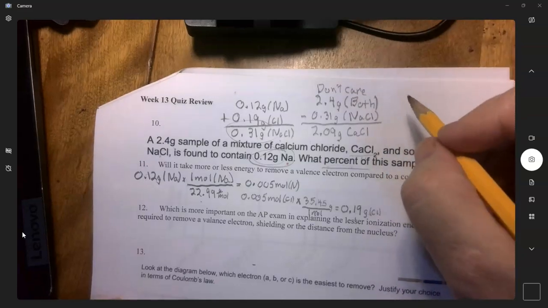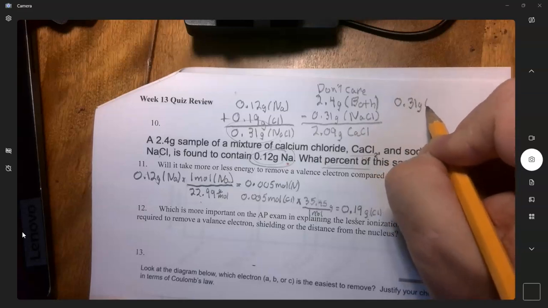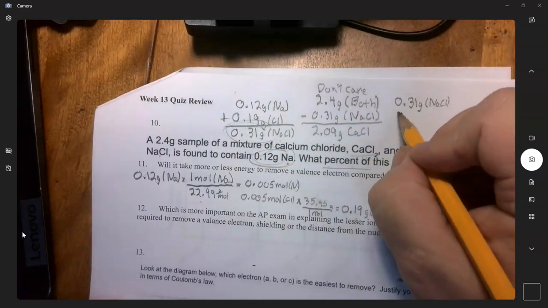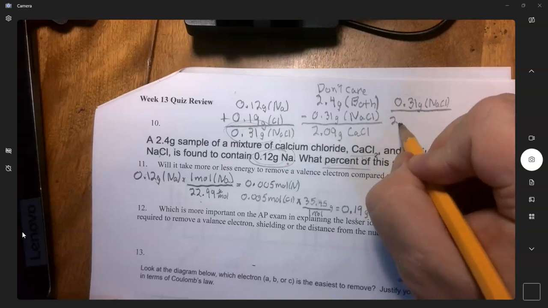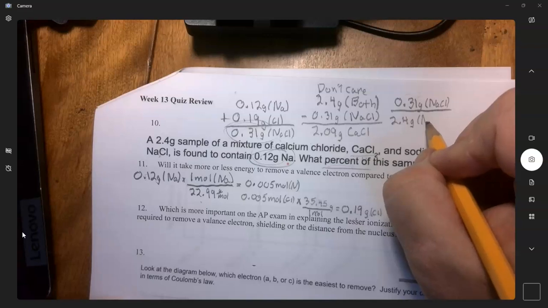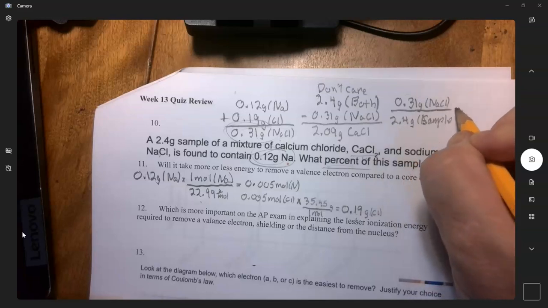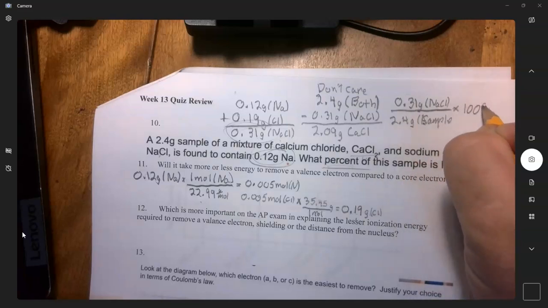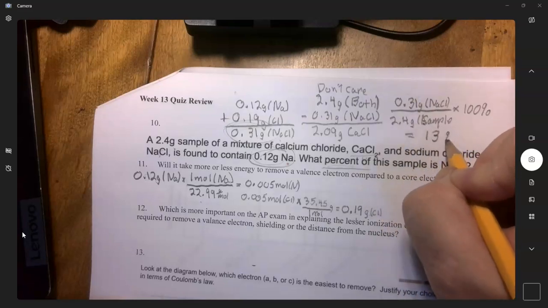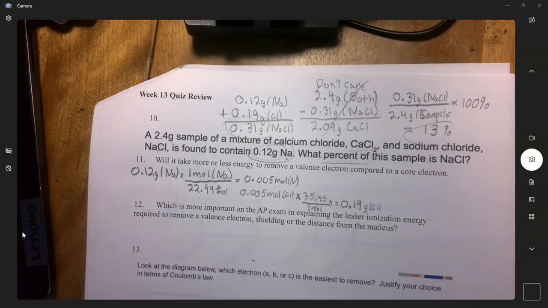To get the mass percent, it's 0.31 from this calculation, divided by the grams of the sample. And again, sample means both of them together. Okay? And if you do the math times 100%, you get 13%. And that's the answer. Again, you didn't need to do this step. I just calculated one step beyond what I needed.